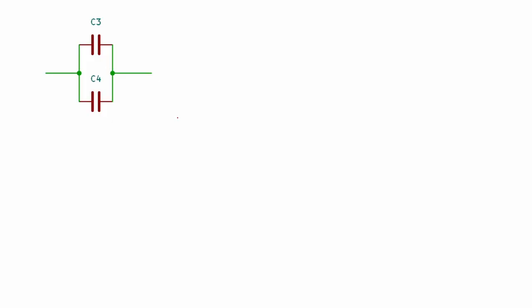Okay, so let's look at our two capacitors in parallel. We have our one capacitor at 16.7 nanofarads, and our other capacitor at 9.1 nanofarads, and they're in parallel, and we measured the total capacitance at 25.8 nanofarads. Just looking at that shows that when we have capacitors in parallel, we just add them up.